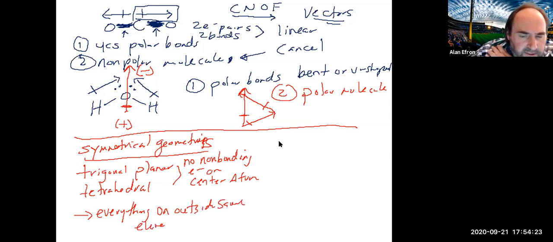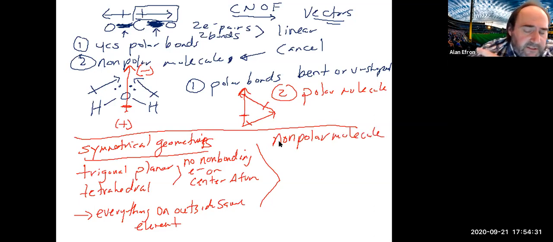It's a pretty good chance that this molecule will end up being nonpolar because everything is symmetrically opposite of each other. Now, if you take something, for example, like CF4, again, I'm not going to draw all the dots on the outside, but if we look at the central atom here, after we do all the dots on the outside, there are no dots on the central atom.